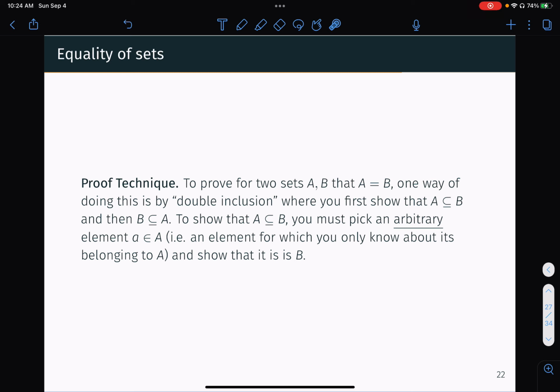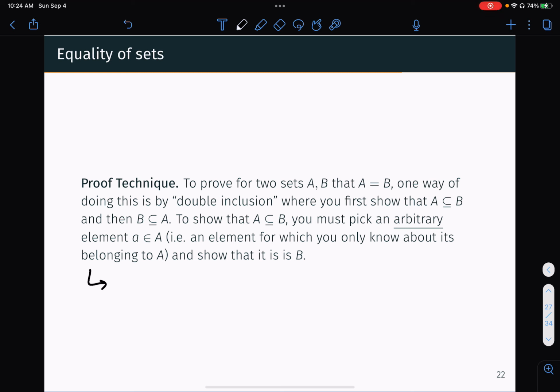And then you have to show through a sequence of logical reasonings that this element, the same element that you picked arbitrarily, is also in B.